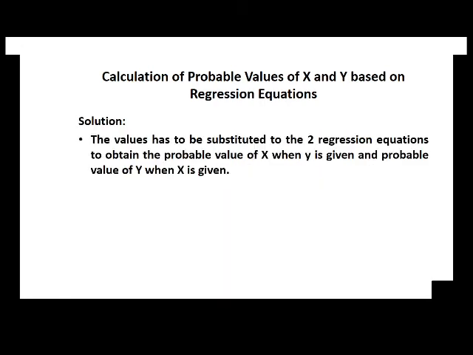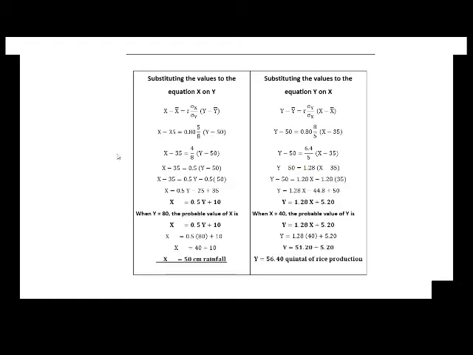So the values have to be substituted into the two regression equations to obtain the probable value of x when y is given, and likewise the probable value of y when x is given. Substituting the values into the equation x on y: x minus x bar is equal to correlation into standard deviation of x divided by standard deviation of y, times y minus y bar. X minus 35 is equal to 0.80 into 5 divided by 8, times y minus 50.